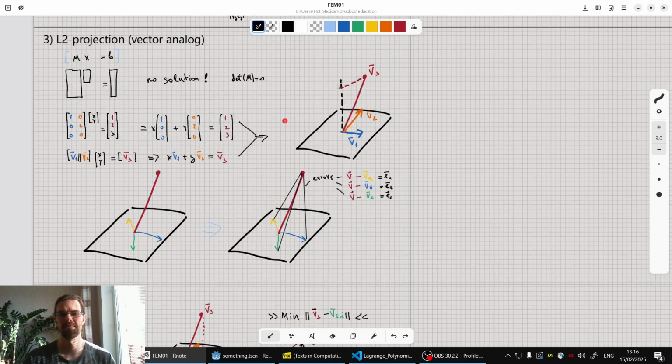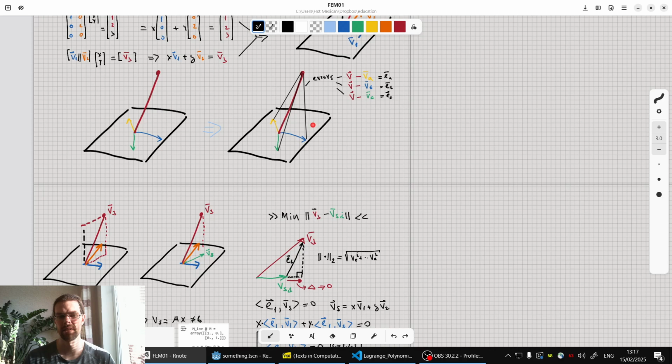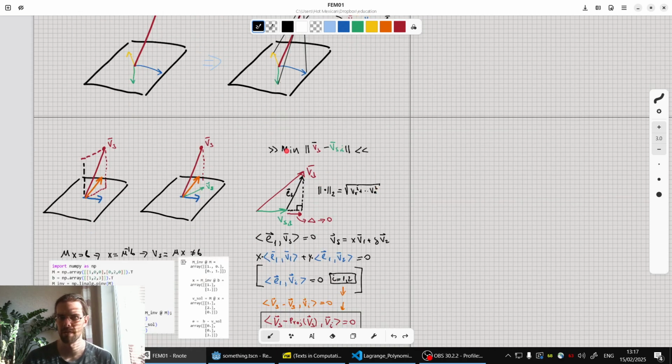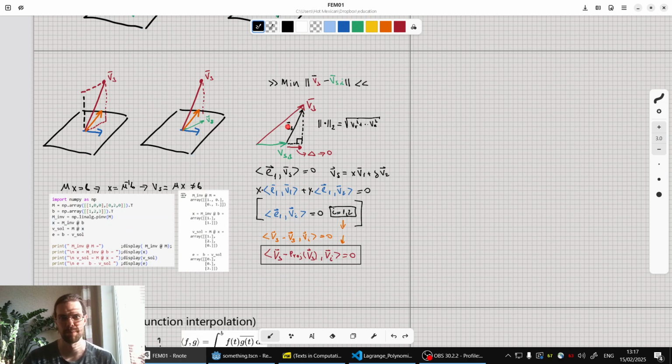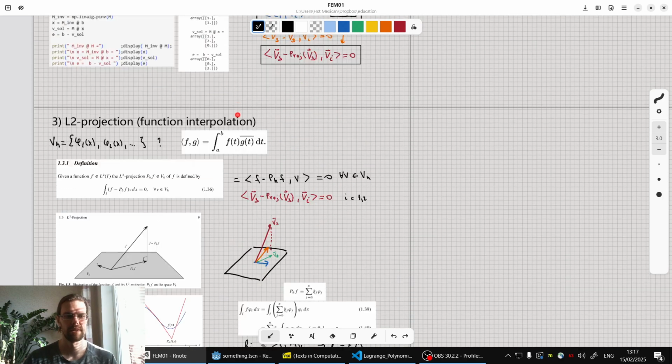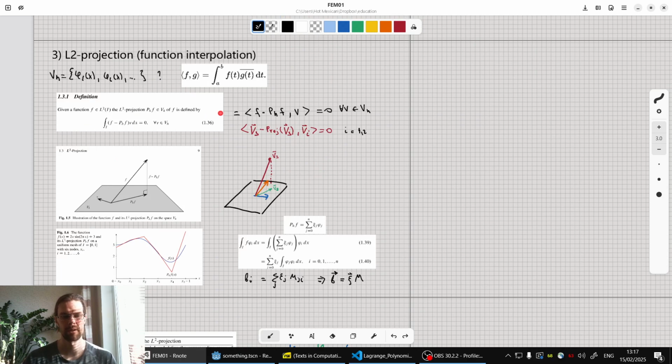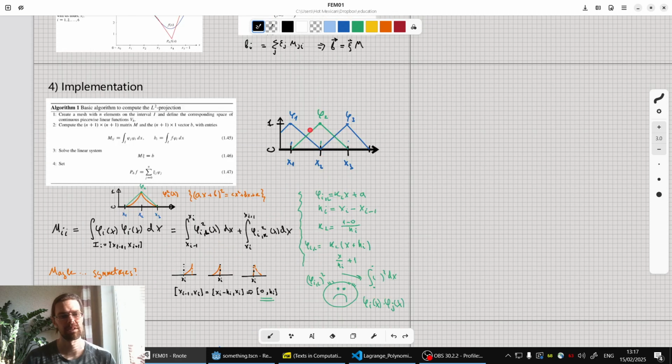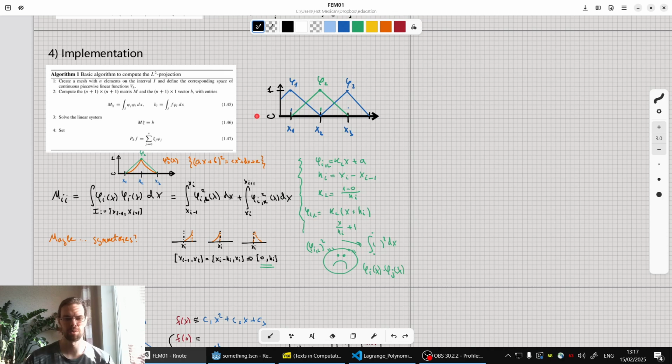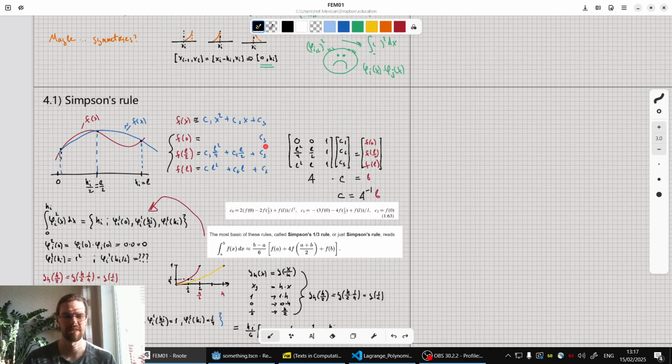But you can find a solution that is close enough in this L2 way of thinking. So minimizing this kind of hypotenuse, minimizing the error. And it completely mirrors what we see in this formulation of interpolation, basically, of finding coefficients for interpolation. And implementation has a few interesting ideas. That's why I wanted to share these ideas with you.